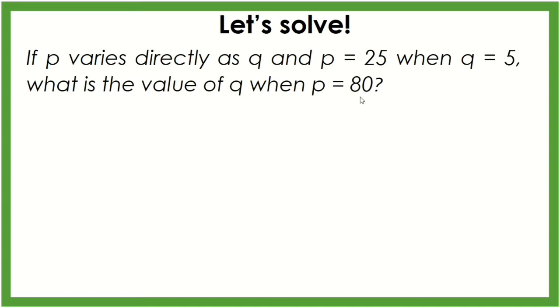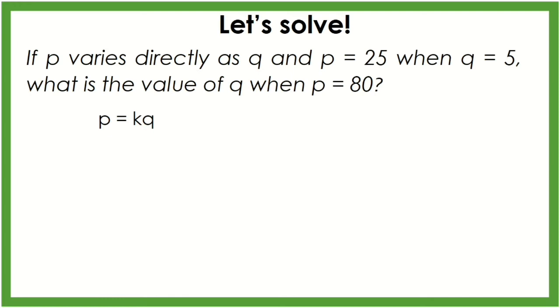So, sa given problem, ang ating hinahanap ay value of Q. Okay, the first step is to translate P varies directly as Q into equation. Our equation is P equals K times Q. So, this is P varies directly as Q.